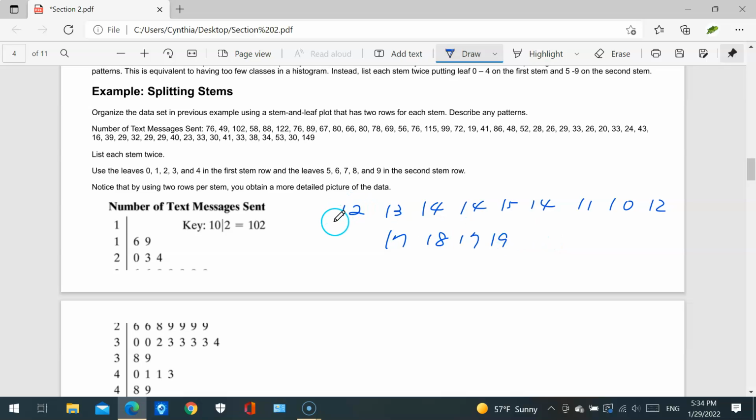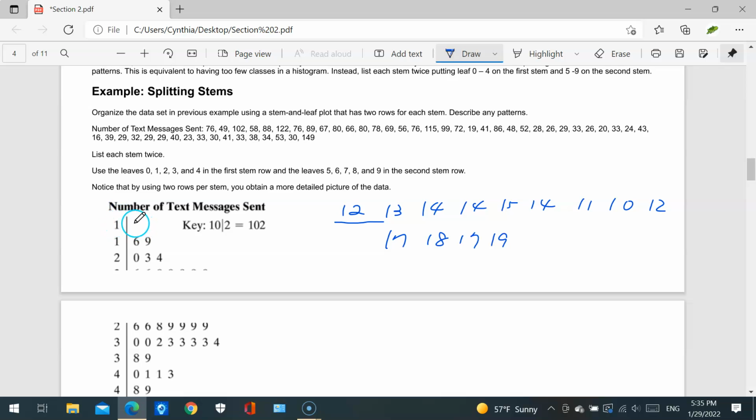Within the 10 or 20 or 30 interval, you have a long frequency, a lot of data, because it's too large, too many. So they put it into 2 stem parts.